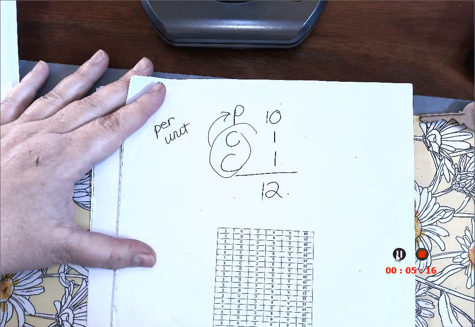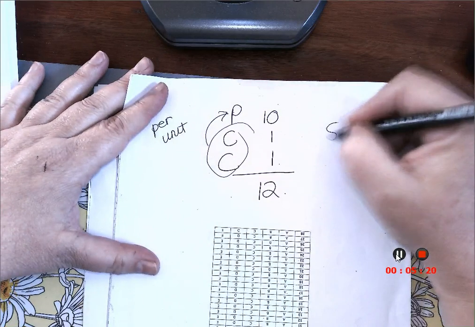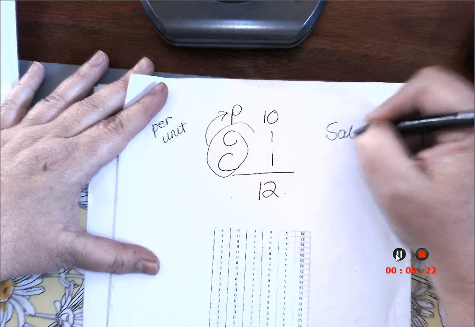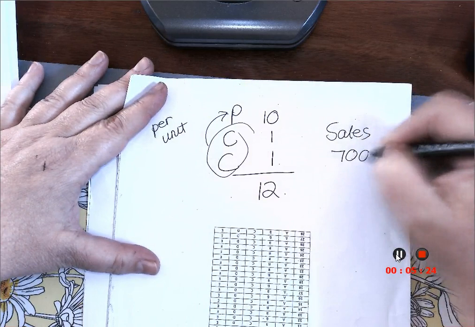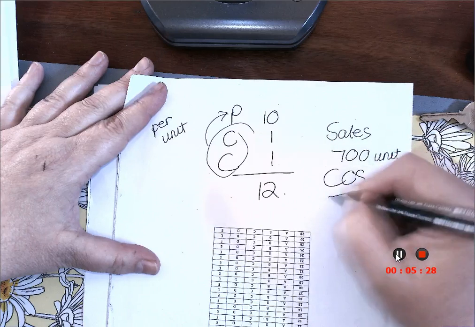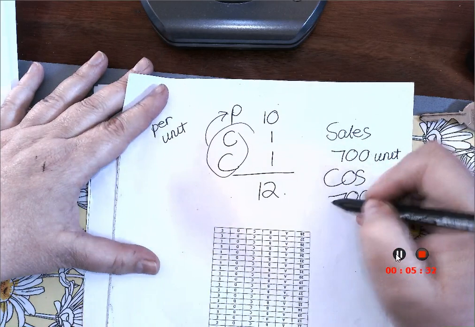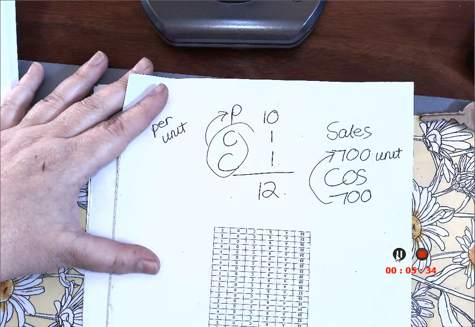And the other thing, this is what I wanted to say. If they tell you your sales was 700 units, then it means your cost of sales is also 700 units. Because you must calculate the cost of sales on the units that you sold.